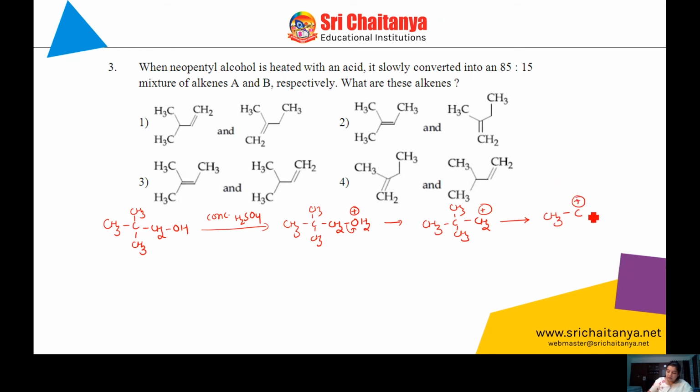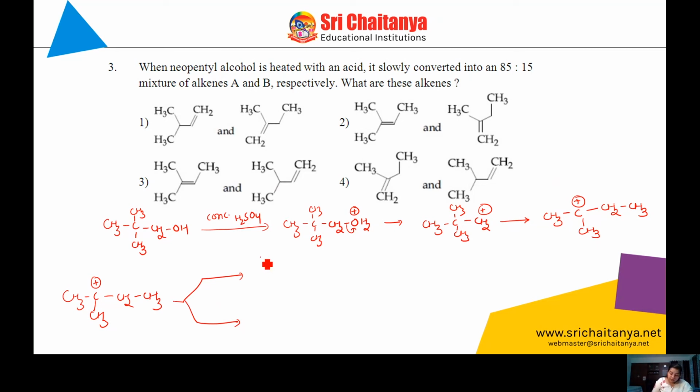It will undergo rearrangement, CH3C positive. Rearrangement through what? Through methyl shift. So this is my carbocation. Now let me redraw it here, CH3C positive, CH3CH2CH3. The Zaitsev rule is the major product controlling rule in this type of reaction.